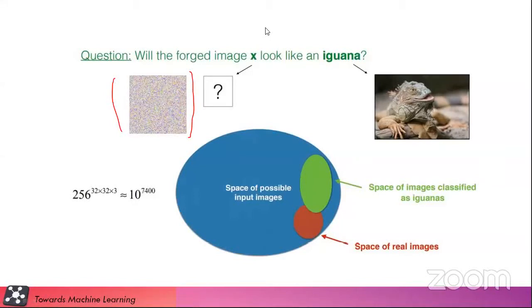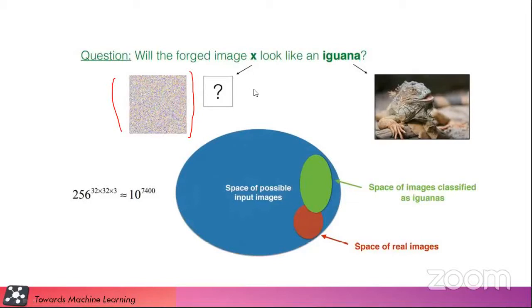There will be a certain probability. Yes, that's the right answer. We don't know whether X will look like an iguana or not. It can look like an iguana, or it cannot.